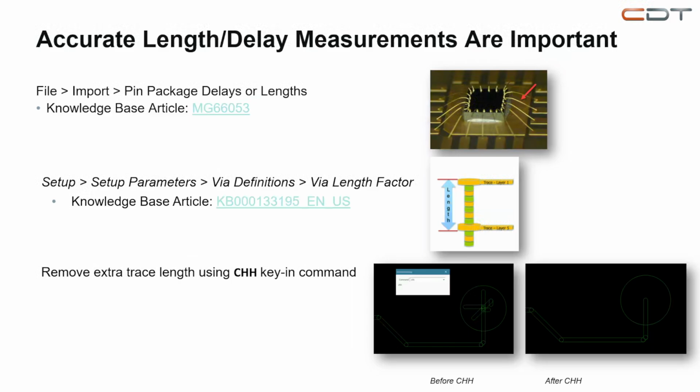You also want to make sure that you set the VIA length factor to 1. This is the recommended value. By default, it is 0, which means that you are not taking into account any of the z-axis length of the via. So if you have a really large stackup, you are not taking into account the length the via travels between layers.